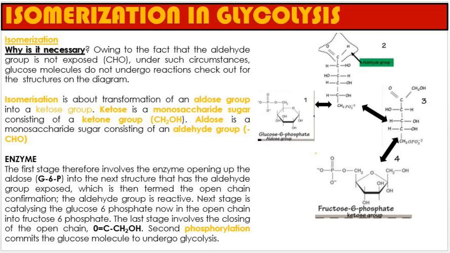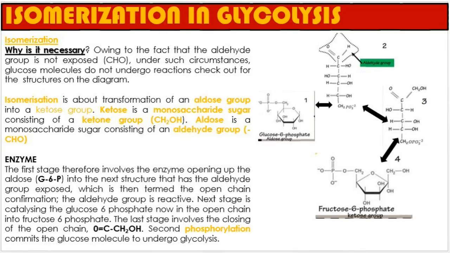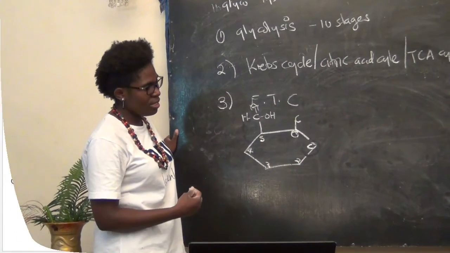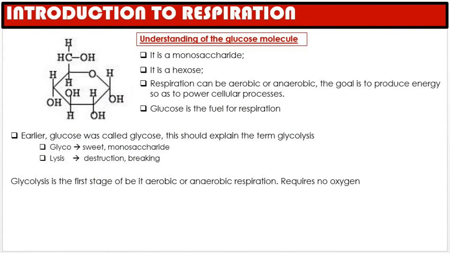So that being said, I'm just going to summarize by reading what is on the slide. A glucose molecule is a monosaccharide, it is a hexose. Respiration can be aerobic or anaerobic. The goal is to produce energy so as to power the cellular processes, and glucose is a fuel for respiration.